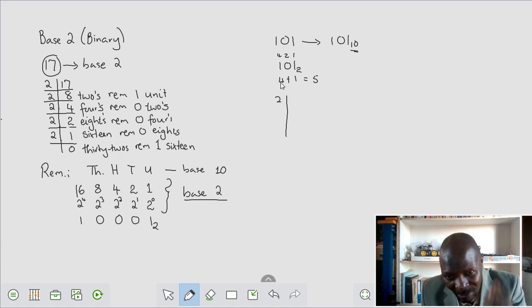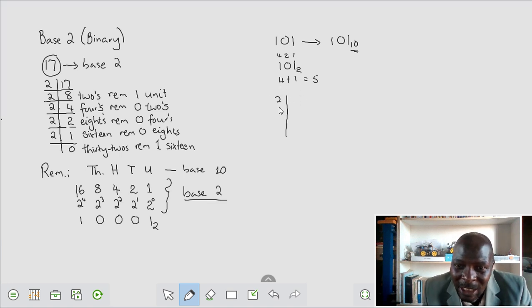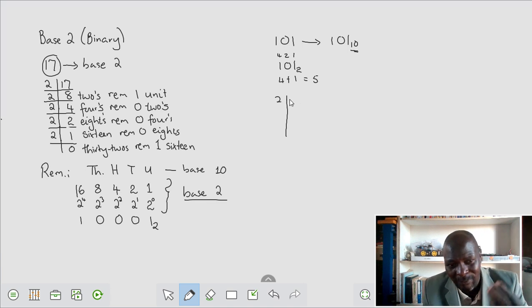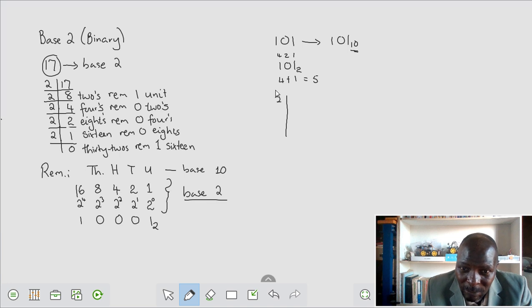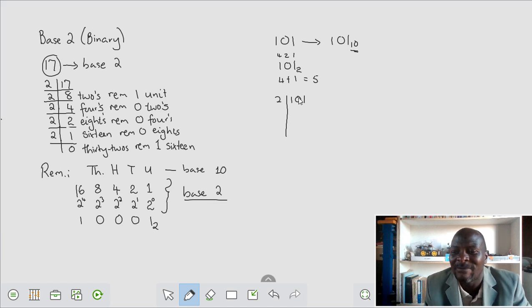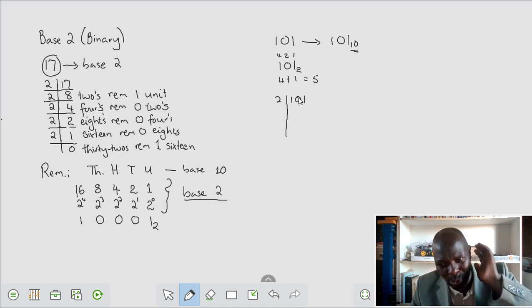But with different languages, you have to find out the sets that you have. If it's base 2, in sets of 2s. If it's base 8, it will work the same, sets of 8s. If it's base 16, it will be sets of 16. But now we are looking for base 2. So we'll divide our language. We always only divide into our language when you go to a different language.